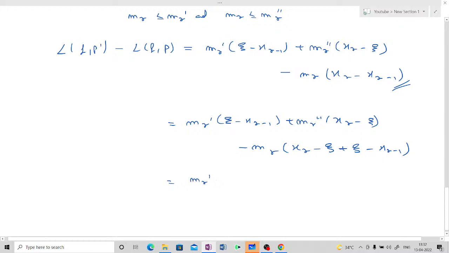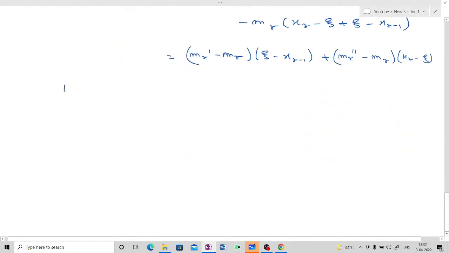So we get mr prime minus mr times eta minus xr minus 1 plus mr double prime minus mr times xr minus eta.